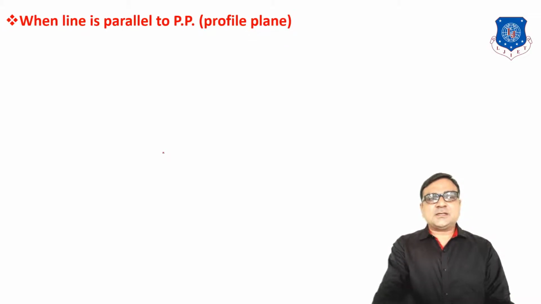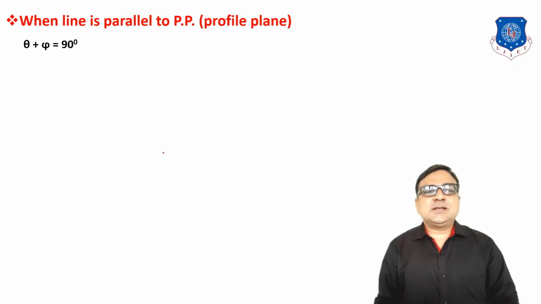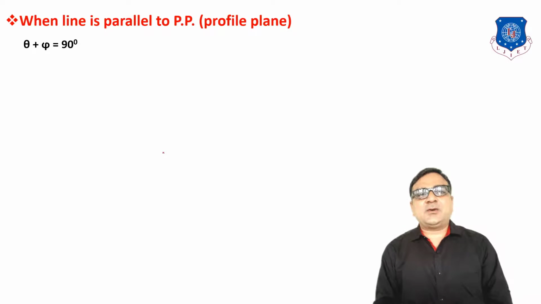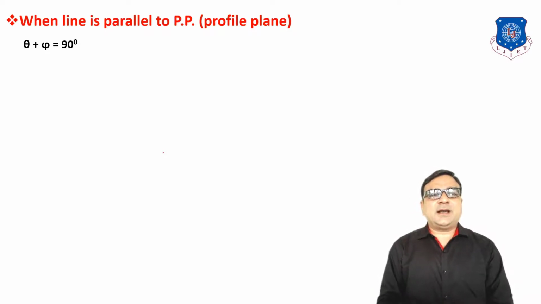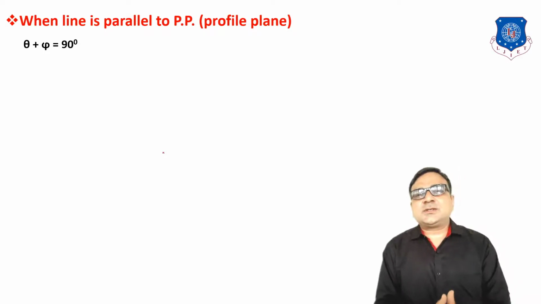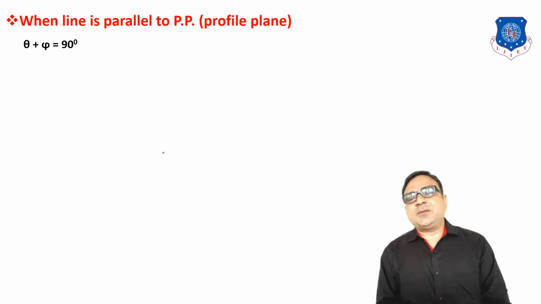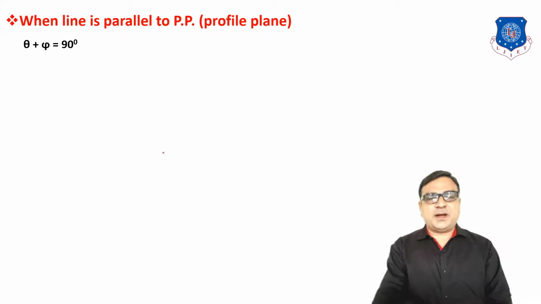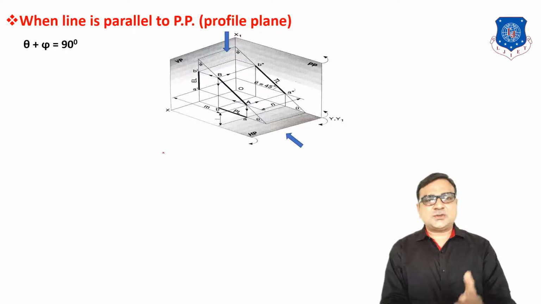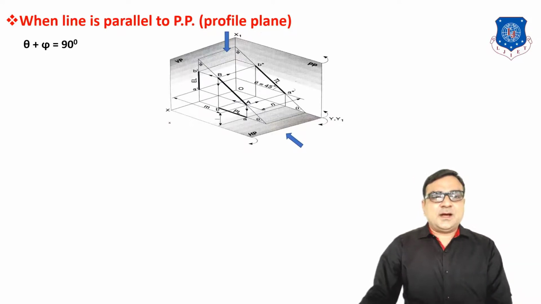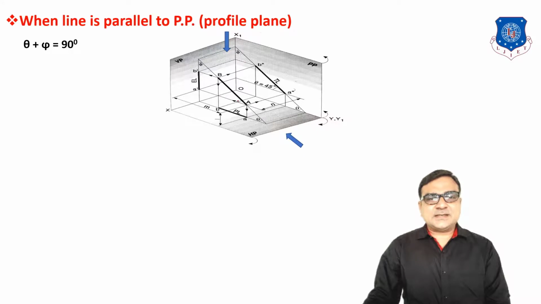Now one case of the line is when the line is parallel to the profile plane. So a line is inclined to HP and inclined to VP at angles theta and phi, and if the sum of these two angles is 90 degrees, then the line always becomes parallel to the profile plane. So in this figure, our line AB is inclined to HP and VP, and these two angles are theta and phi.